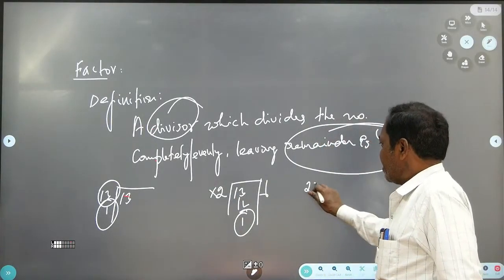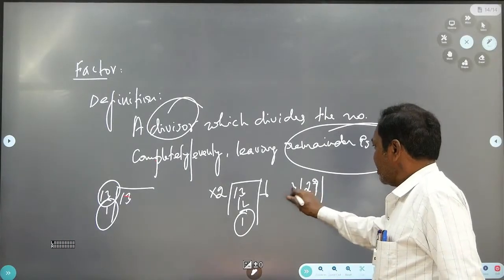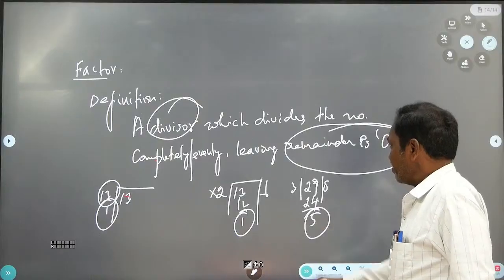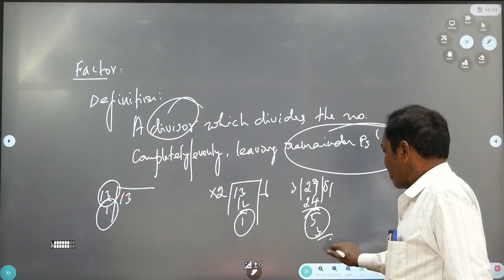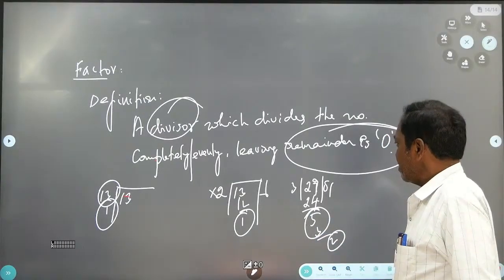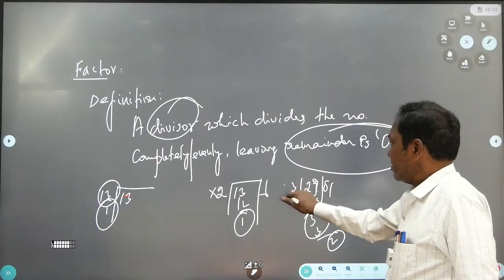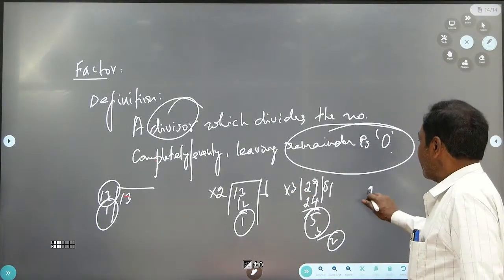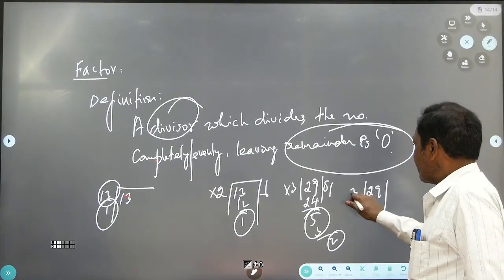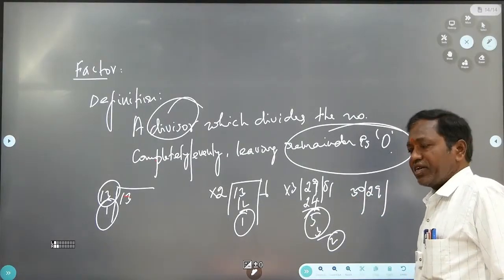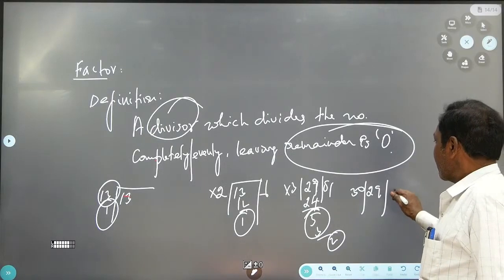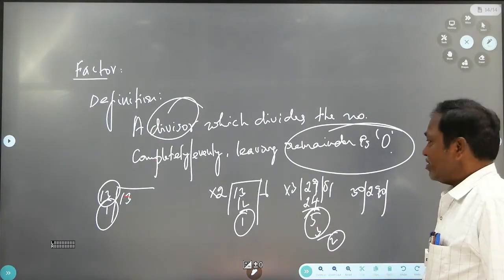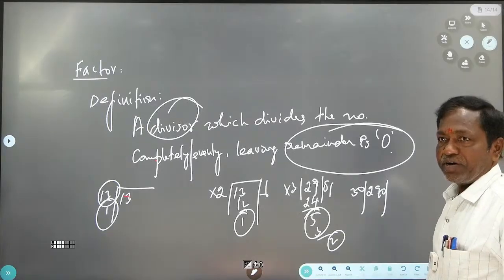And 29, if we try with 3, 3 8s are 24, remainder is 5. So 3 is not a factor. The divisor may be anything. Even if you take 29 by 30, 30 is a divisor, but it is not sufficient, because we put a decimal and take 0 like that.